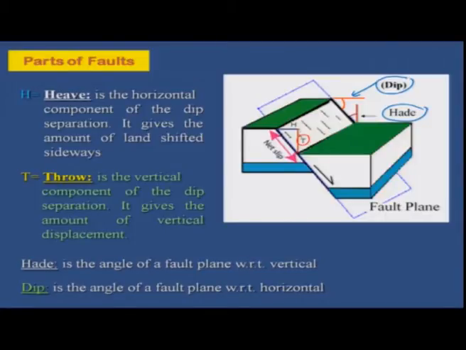fault plane. Okay, so what has been shown in this figure is that this block, marked by green, was once together. So the green one here, this is A and A, and this one we mark.